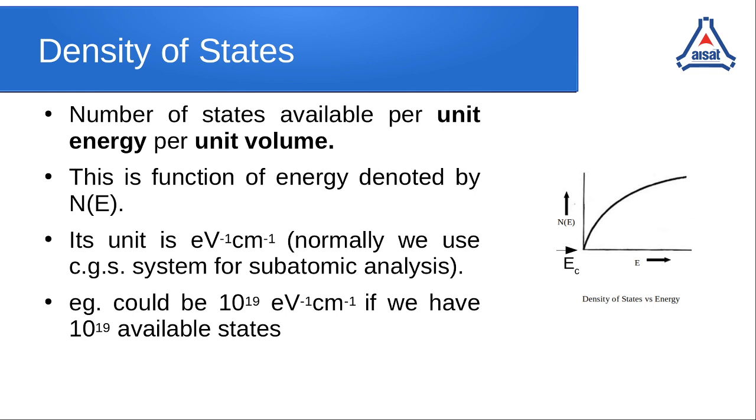So the number of states available per unit energy per unit volume is known as density of states. This function is generally denoted by the term N of E. If you remember, the Fermi function was denoted by small f of E. Similar to that, the density of states is denoted by capital N of E. And its unit is per electron volt per centimeter.